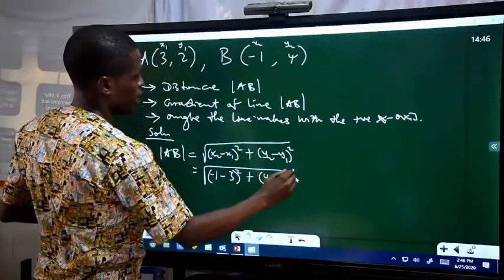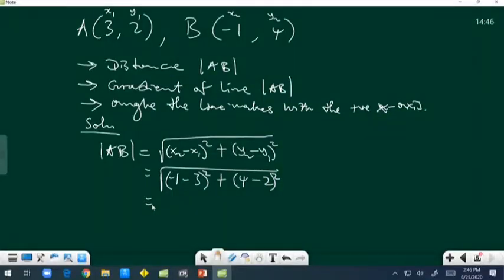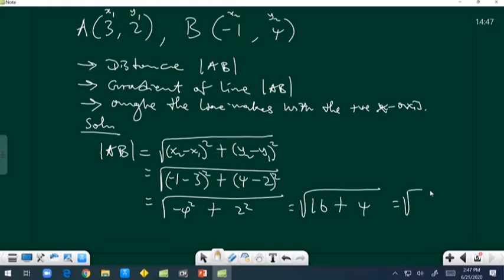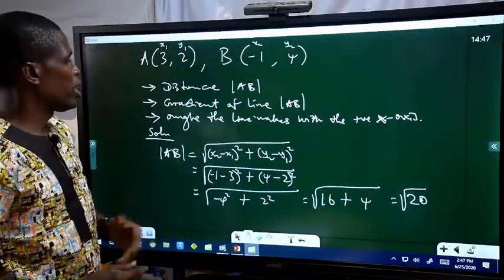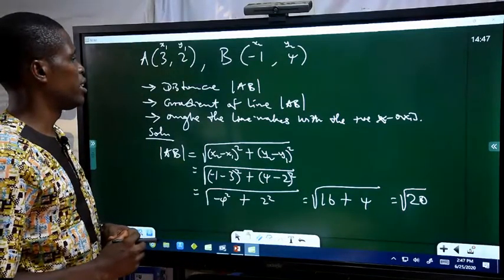Substituting, minus 1 minus 3 is minus 4, squared, plus 2 squared. That is 16 added to 4, which is root 20. So we have the square root of 20, and with your calculator you get the answer.